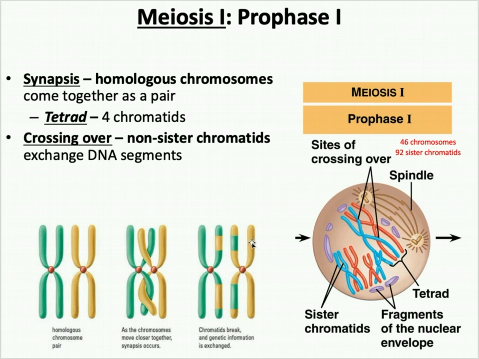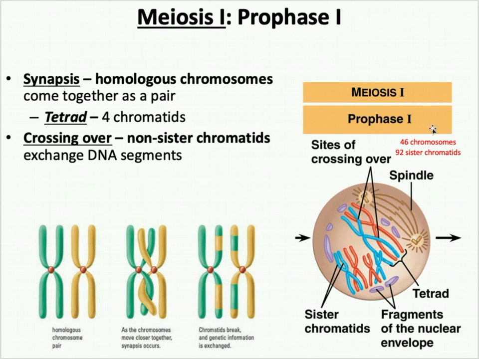And this is the main reason why you are different from your siblings. Another reason, you are different from your parents as well. Your siblings got their DNA from your parents, but it's different because of this crossing over event.